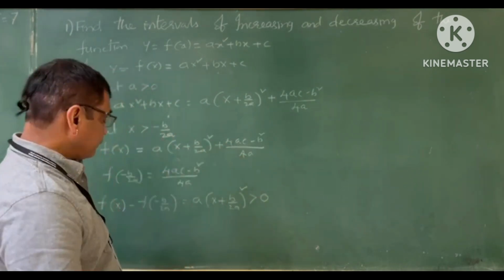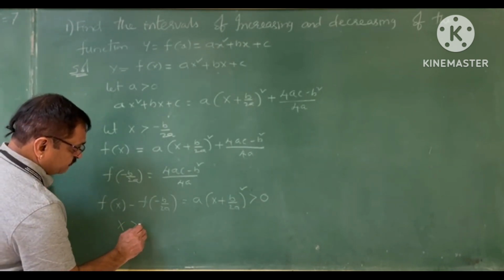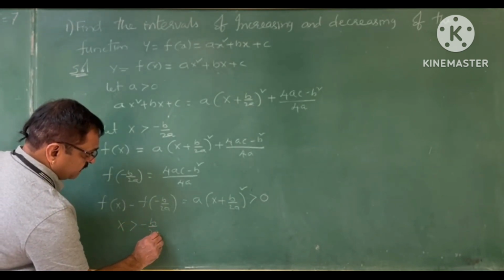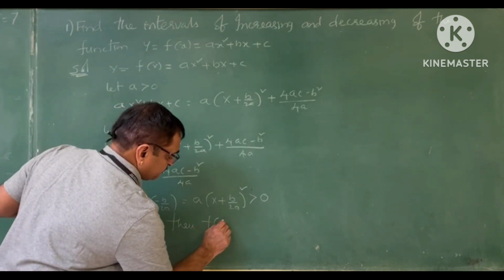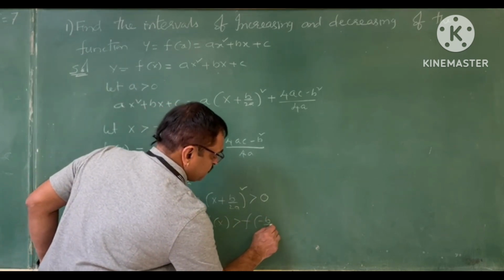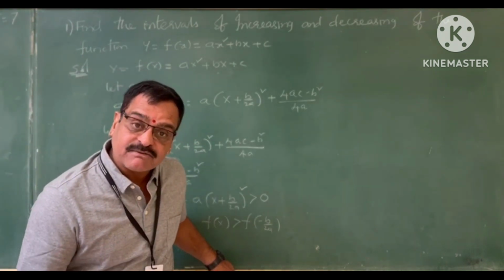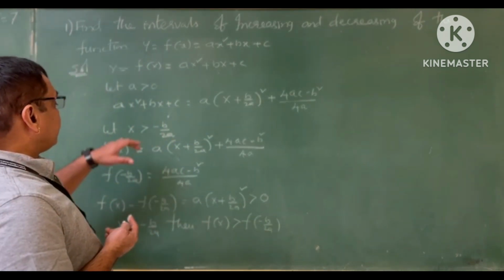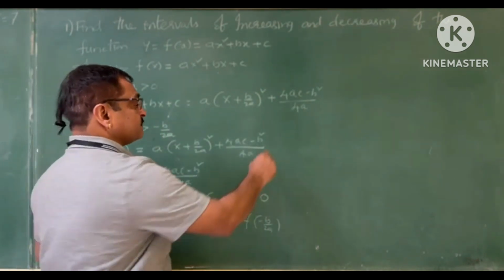Strictly greater than 0. That means whenever my x is more than minus b by 2a, then f of x is more than f of minus b by 2a. It is satisfying the basic rule of an increasing function. That means when x is more than minus b by 2a, the function is an increasing function.